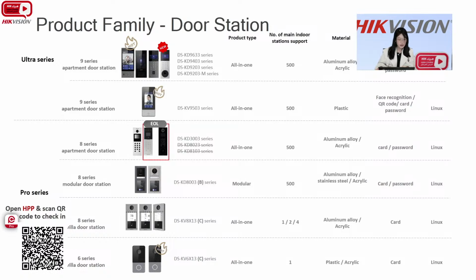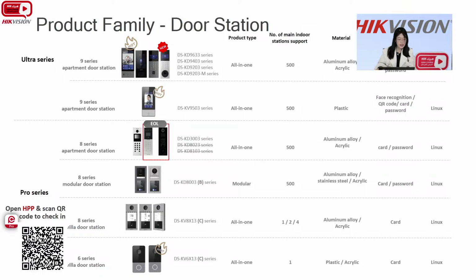And also for the apartments, we have the 9503 series, and for the modular door stations, we can select the modules that we need as long as it includes the main unit. For the others, you can make the selection, find what you prefer, and assemble them to let them work together.